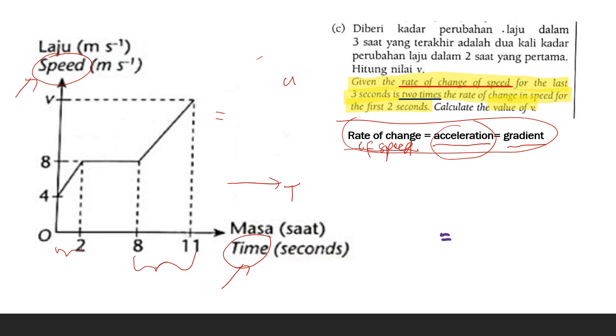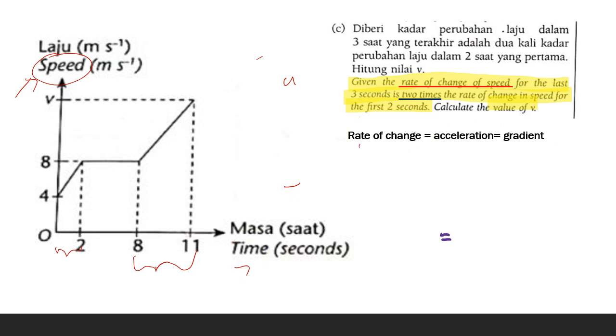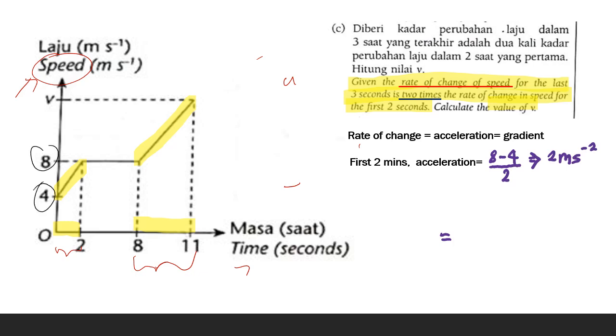Okay, now we go back to the question. So what you do is, this is the first 2 seconds, and that is the graph. This is the last 3 seconds, and this is the graph. So first 2 seconds, the acceleration is this one, 4 divided by 2, so you get 2 meter per second square.